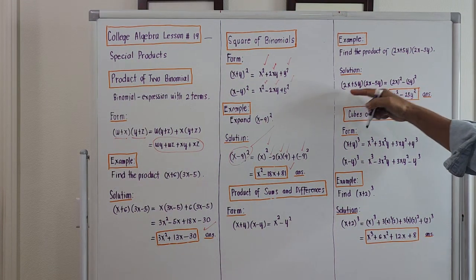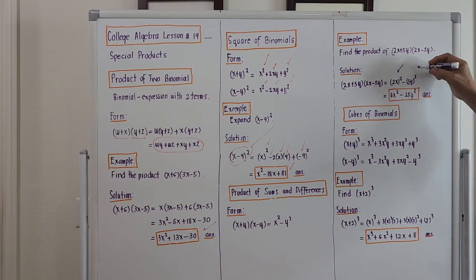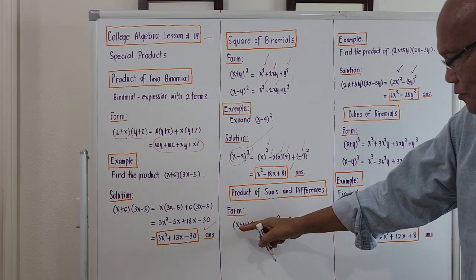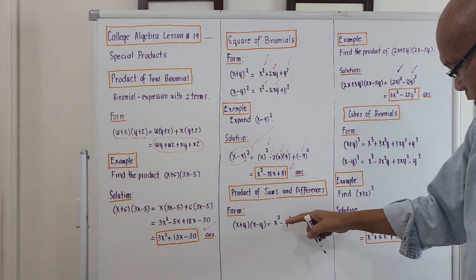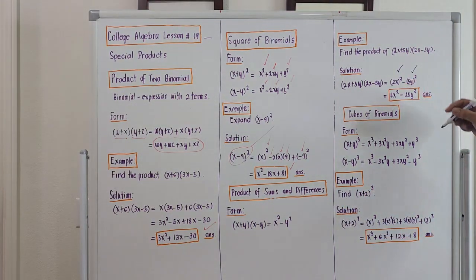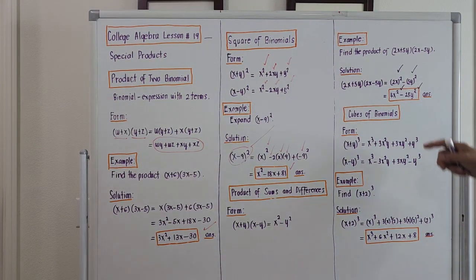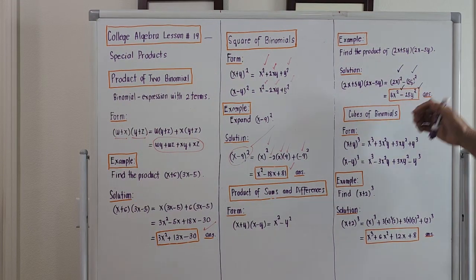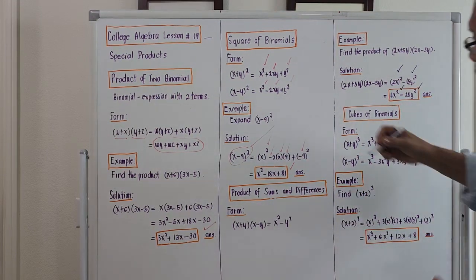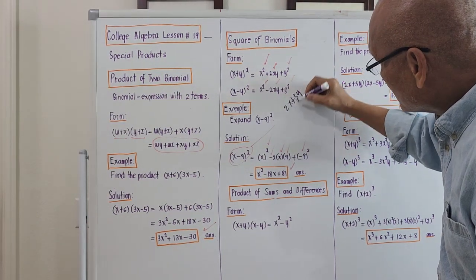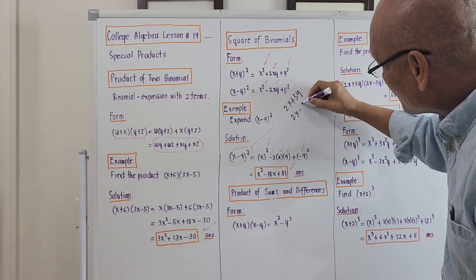It will be the square of the first one plus the square of the second one, but this is plus and a minus, so the sign of the second one will be negative. So it will be 4x squared minus 25y squared. And if you don't want this solution, you just perform the operation, 2x plus 5y times 2x minus 5y, right?